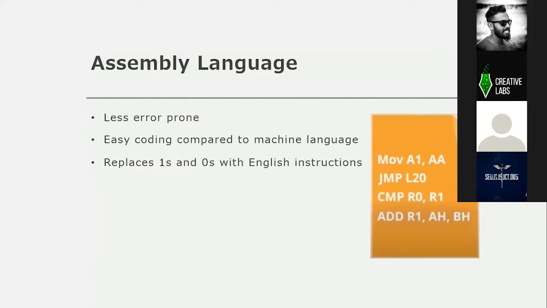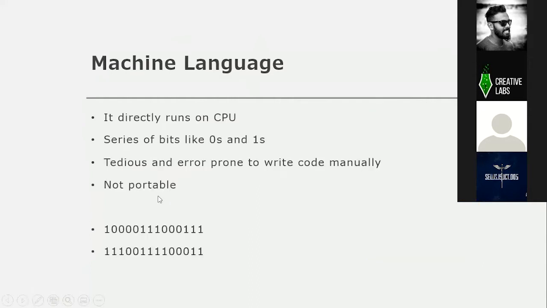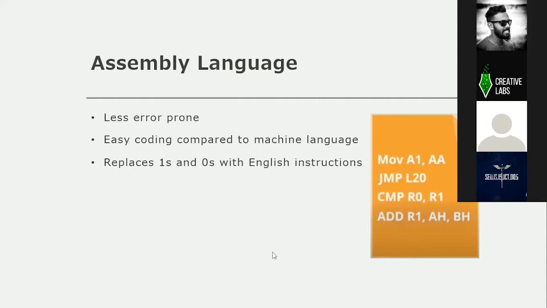Earlier it was zeros and ones in the machine language, but in the assembly language, they came up with some English instructions instead of using ones and zeros.